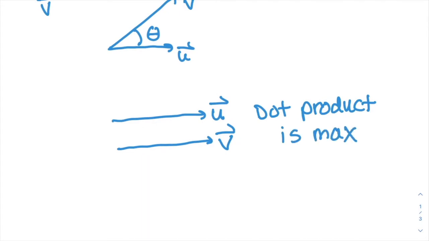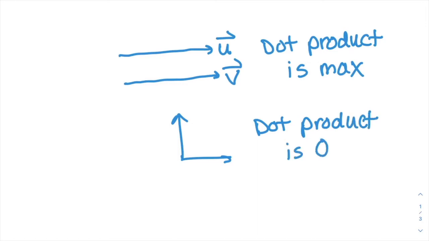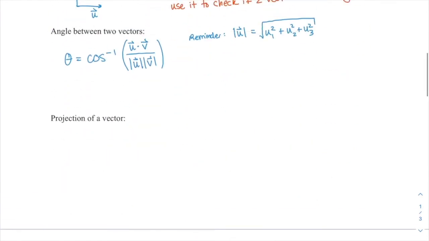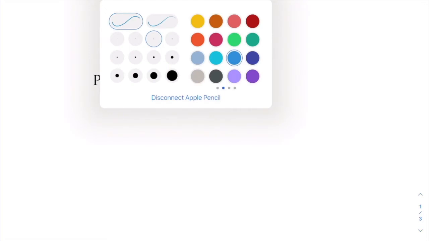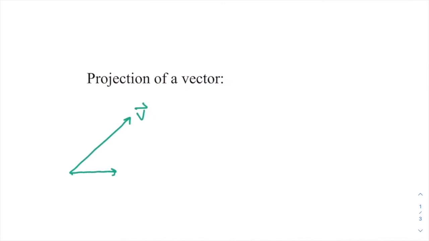And then when they're orthogonal, it's 0. And so this idea of projecting one vector onto another looks like this. So say we have a v vector and a u vector, like that.